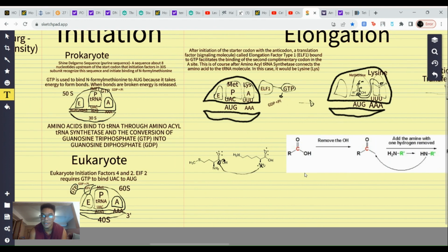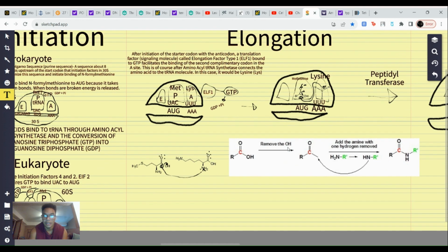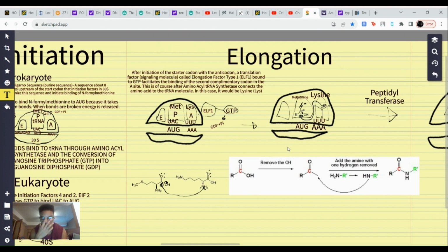Okay, so after initiation, you get elongation. This is the part that's honestly the most interesting, but the most convoluted. If you are in chemistry, this will be very helpful. But if you're not in chemistry, we can just use non-chemistry terms to explain this.